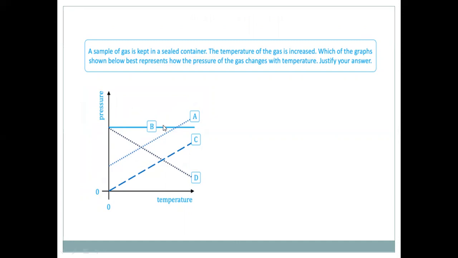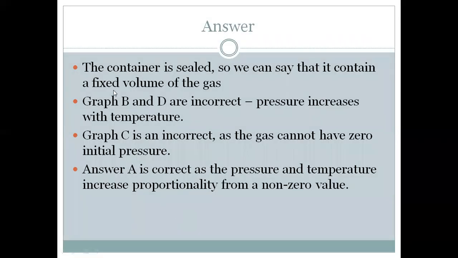As you see, we have A, then we have B, C, and D. Which one do you think exactly represents the relationship between pressure and temperature at a constant volume? Now, the container is sealed or closed, so we can say that it contains a fixed volume of gas.